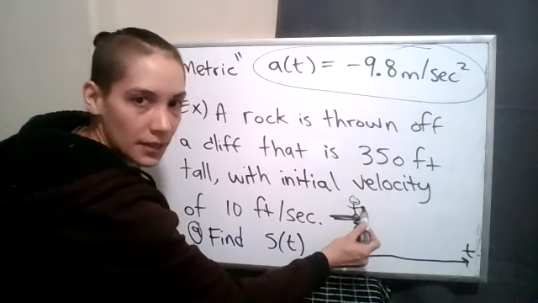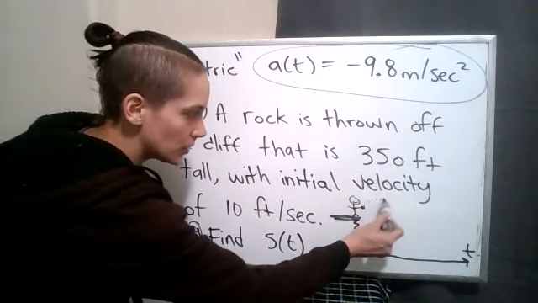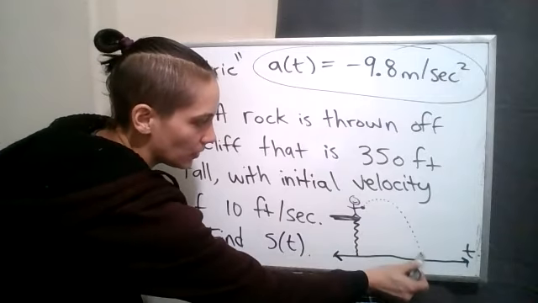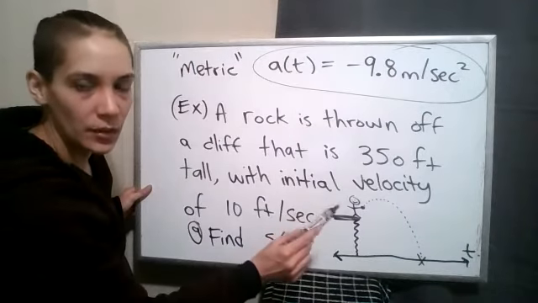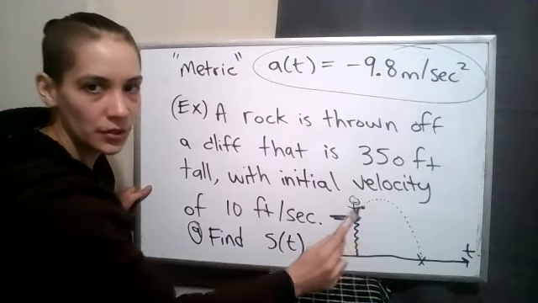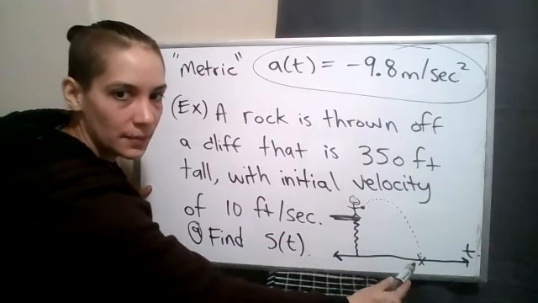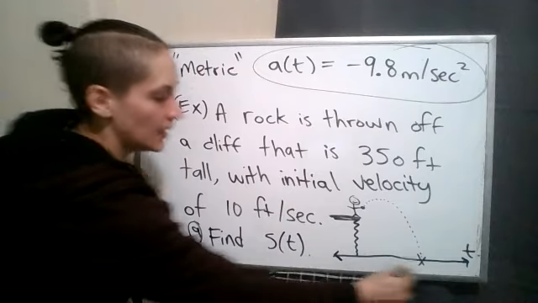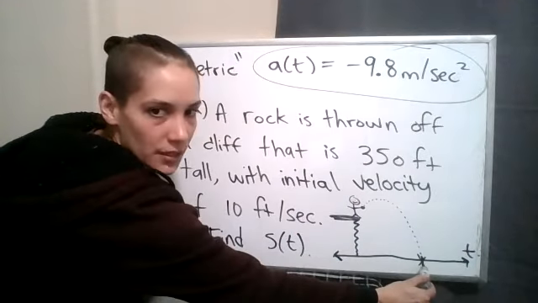And they have a rock, and they're going to throw the rock with velocity. So it's going to come up and down. And right there, it hits the ground. So part A, we're just going to get a position function that shows where the rock is for any value of t. And then this t value right here, we'll do in part B. That's when the rock hits the ground.